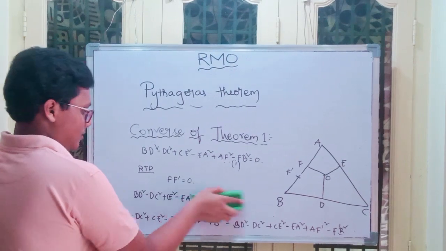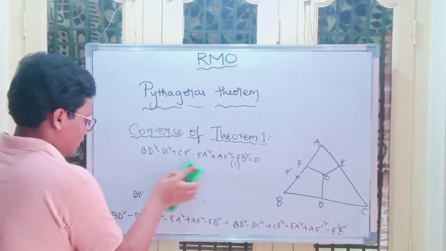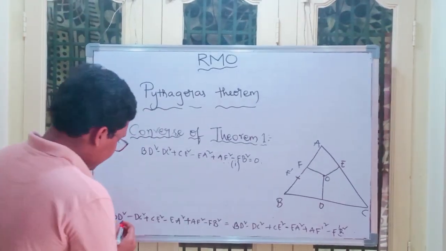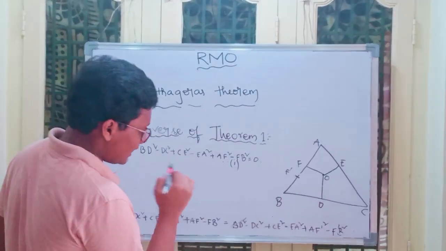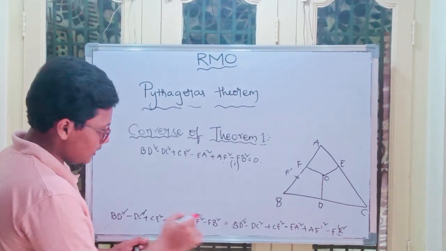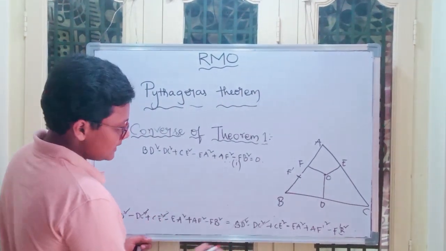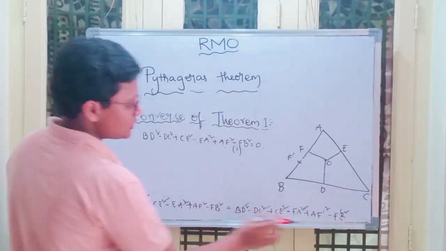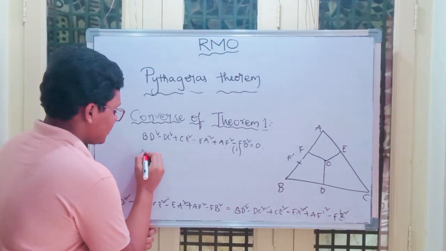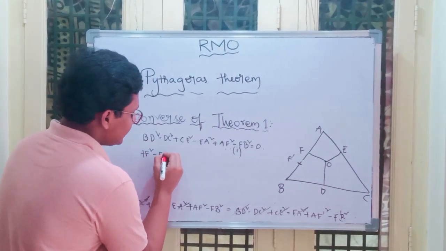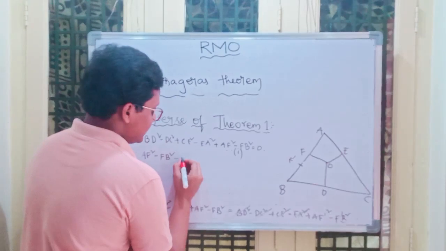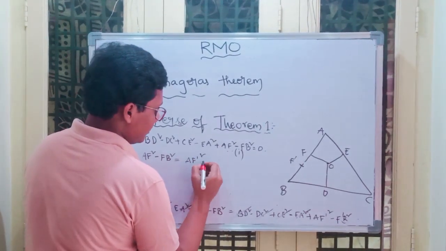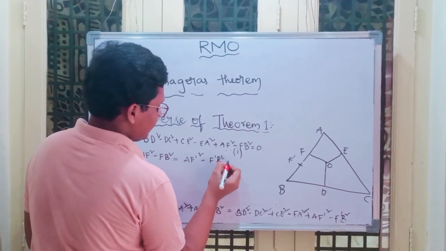This is clear up to here. Here BD square and BD square get cancelled, DC square and DC square get cancelled, CE square and EA square get cancelled, and these two are remaining. AF square minus FB square is equals to AF dash square minus F dash B square.